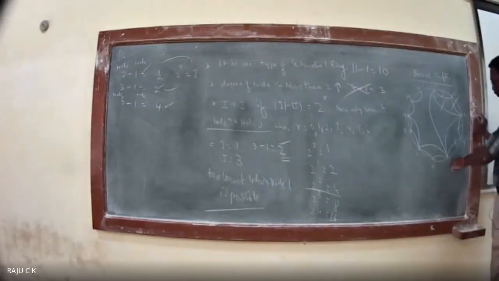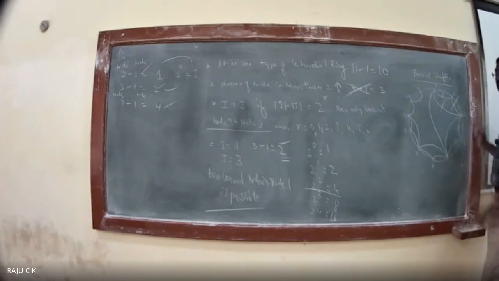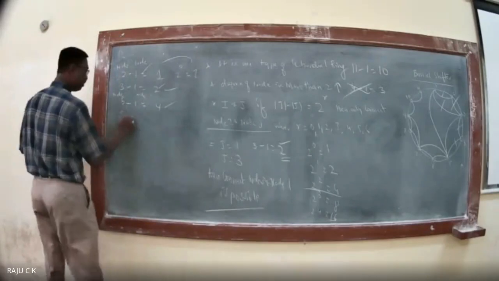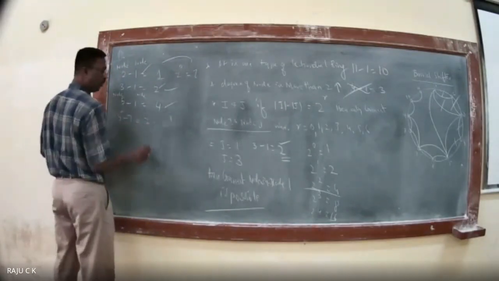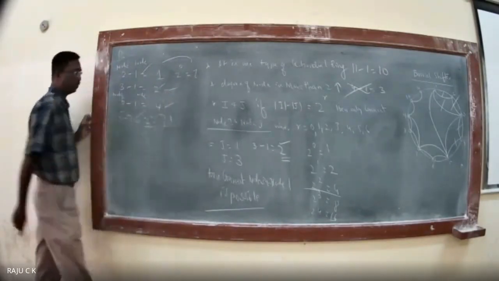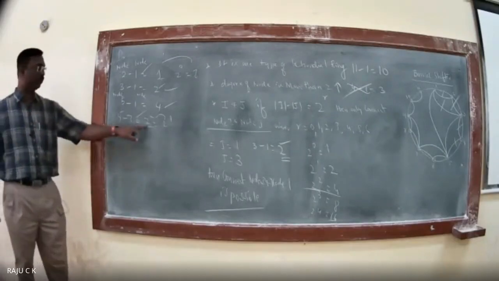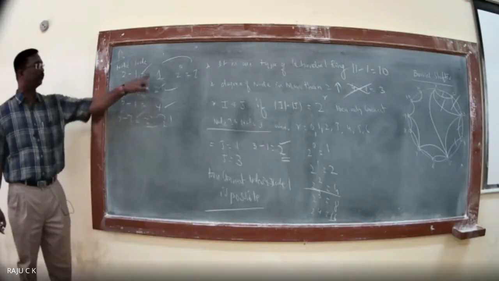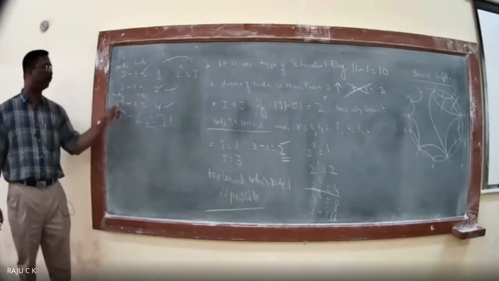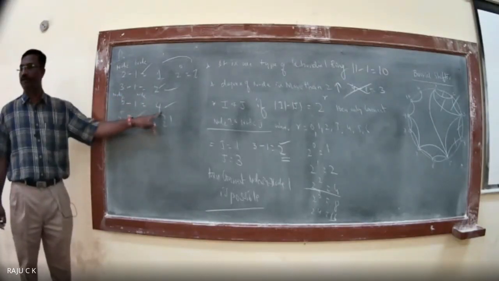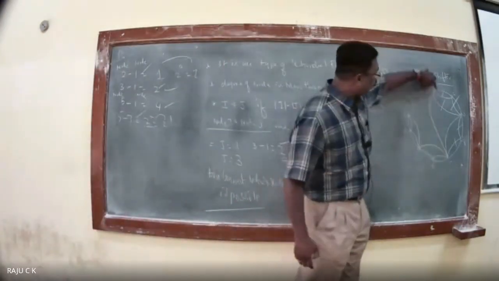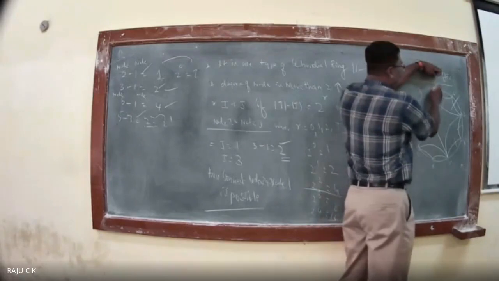Again, 5 minus 3 is 2, which can be obtained. 5 minus 3 is equal to 2, 2 to the power of 1 is 2, so that is finished. 5 minus 1 is equal to 4, which can be possible there. 2 to the power of 0 is 1, possible. 3 minus 1 is equal to 2, possible. 5 minus 1 is equal to 4, possible. So automatically I join this 5 and 1. You can see this is your node number 1.